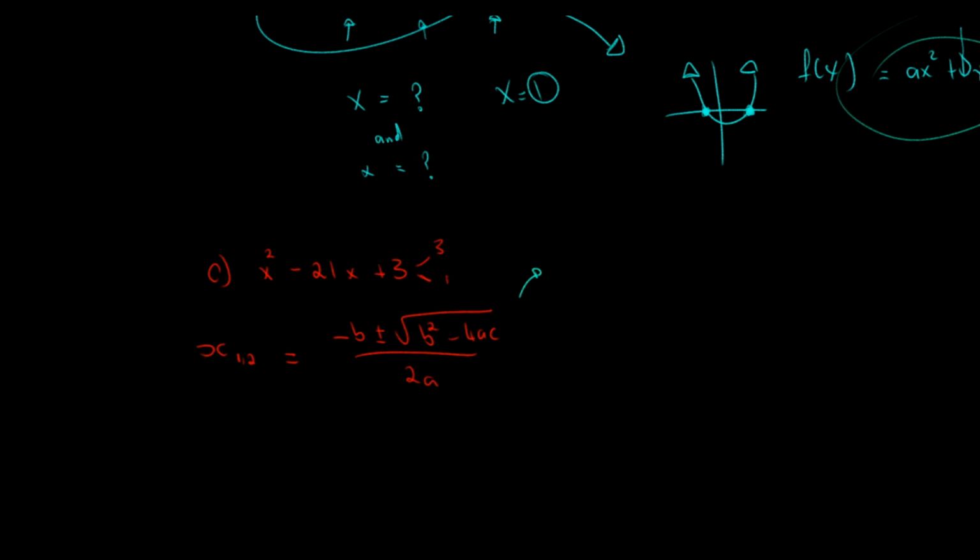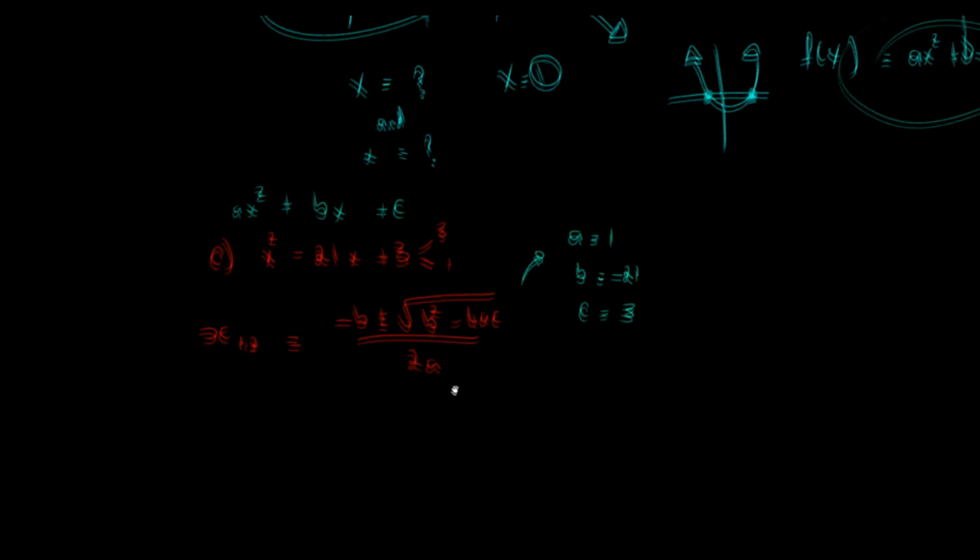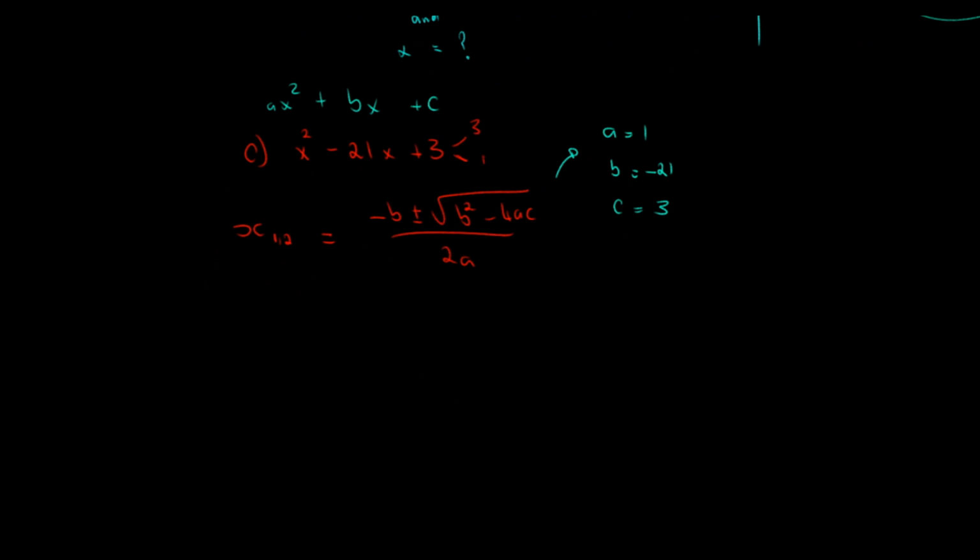So let's identify a x squared plus bx plus c. Let's identify a is equal to 1, b is equal to negative 21, and c is equal to 3. So let's input our values. Let's calculate the x's.